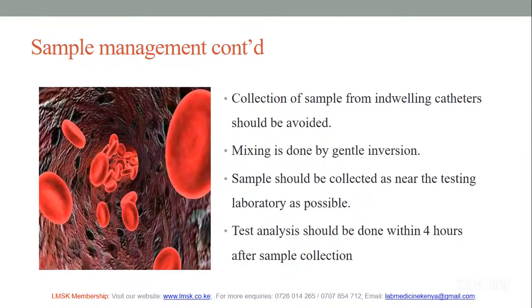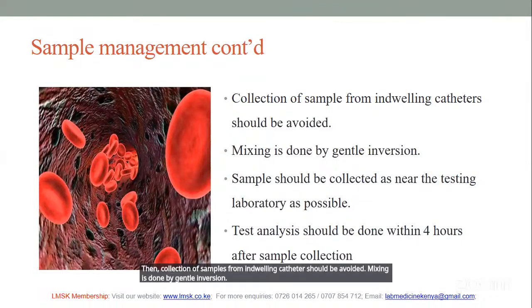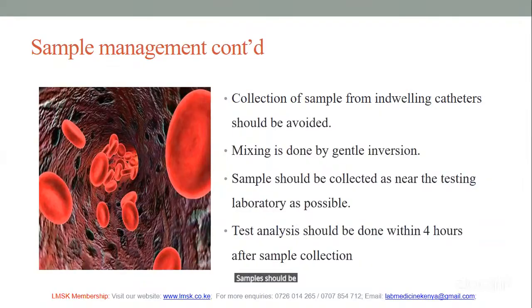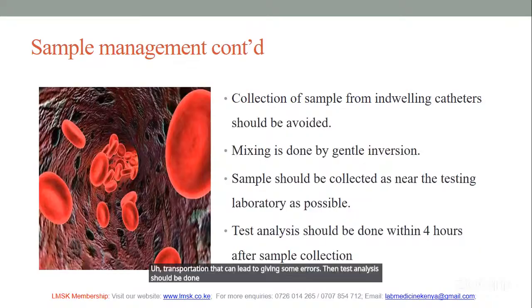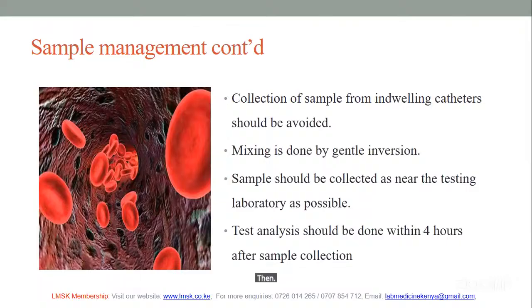Then collection of sample from an indwelling catheter should be avoided. Mixing is done by gentle inversion. Samples should be collected as near the testing laboratory as possible to avoid long transportation times that can lead to errors. Test analysis should be done within 1 hour after sample collection. Then sample transportation.